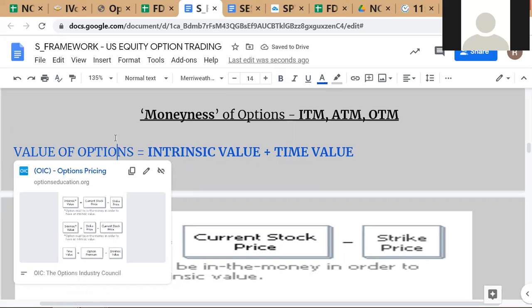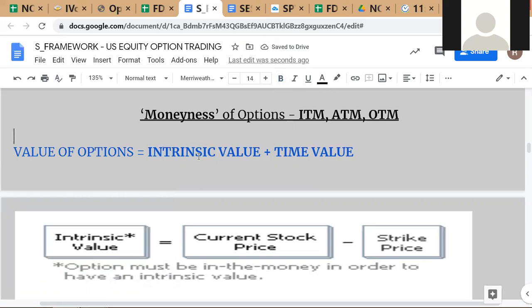The other thing you have to learn is what intrinsic value is and what time value is. This is how you should approach all the material that you're learning in any of the three finance electives. When you read the notes, you'll understand what the key concepts are, and I'm also explaining in class what to watch out for.